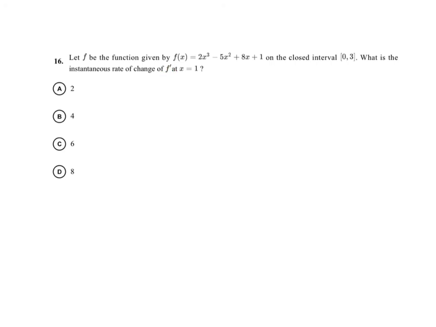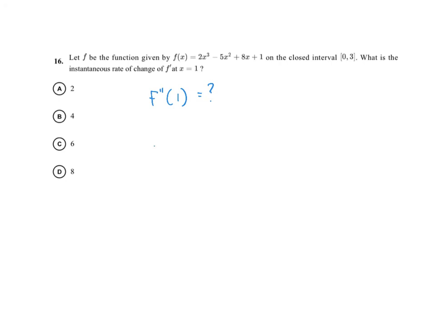But whenever they want the instantaneous rate of change of something, you take the derivative of that thing. So we have to take the derivative of f prime, which is really f double prime. So this question is really asking, what's f double prime at 1?